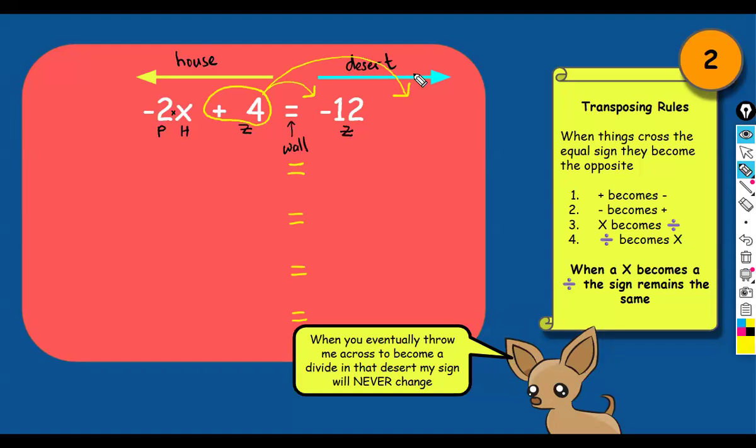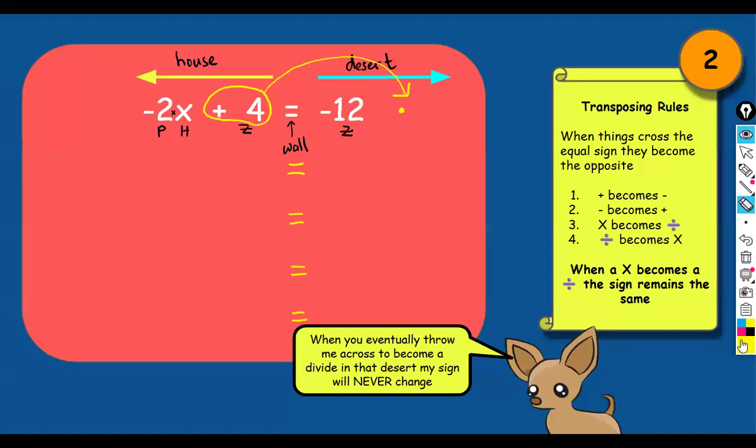When you're throwing across a zombie, you don't care where he lands on the other side. You just want him on the other side of that wall, right? You're too busy, too hungry, too scared to care where that zombie lands. So if he lands before the minus 12 or after the minus 12, you couldn't be bothered. You will get the same answer, right? But we have plenty of space after the minus 12, so I might as well just throw him over there.